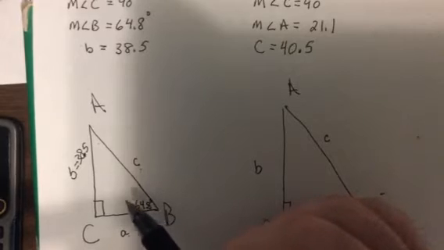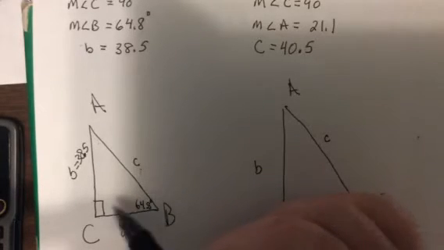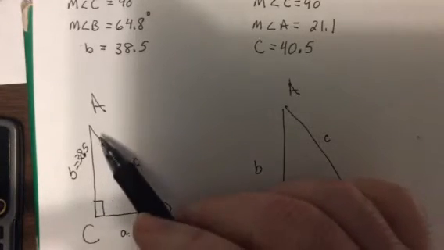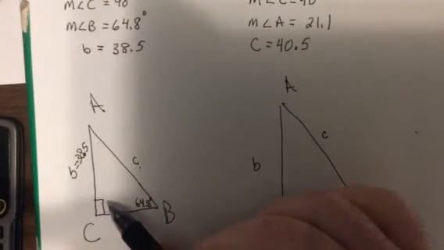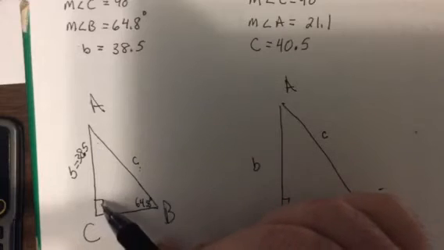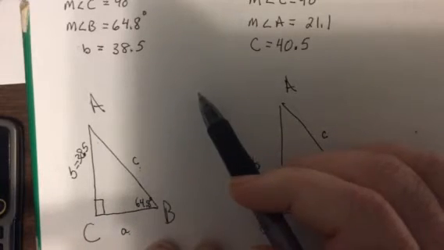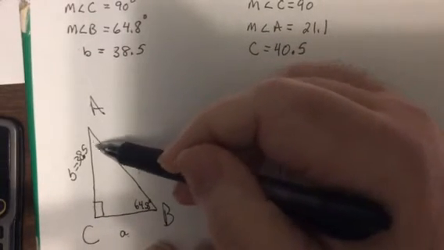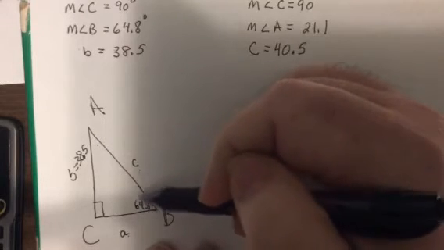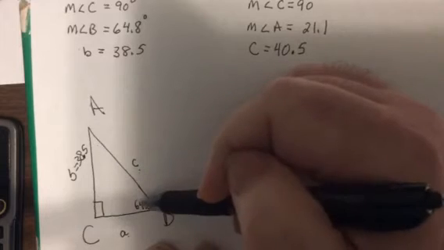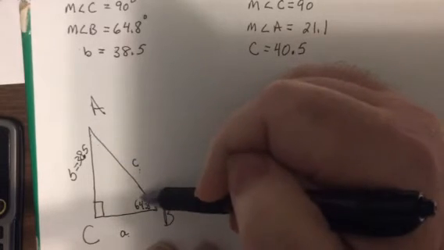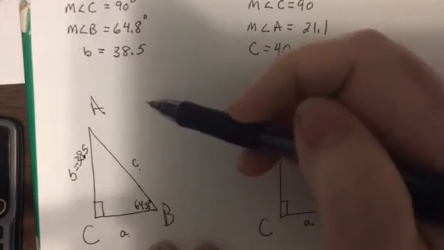Well, I know this angle and this angle, so how do I find this? Well, you could do it 2 ways. All 3 add up to 180, so you could go this plus this equals 180. Or these 2 have to add up to 90. They're complementary. All 3 are supplementary, add up to 180. These 2 have to add up to 90 because this is already 90.